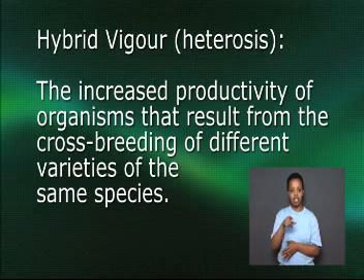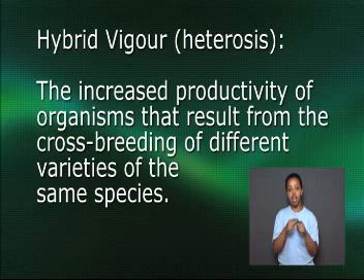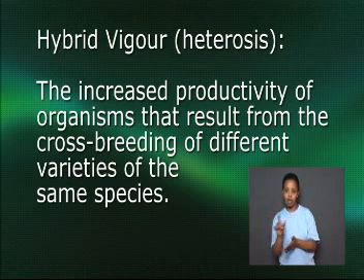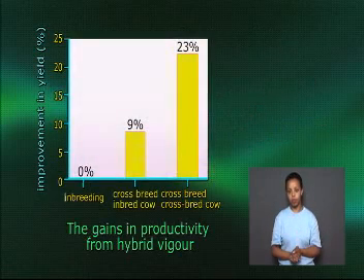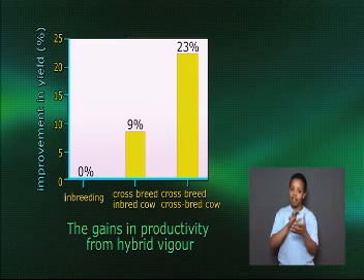The term describes the increased productivity of organisms that result from the cross-breeding of different varieties of the same species. In many cases, hybrids have higher yields than their parent breeds.